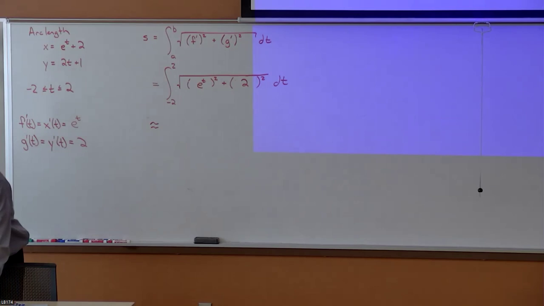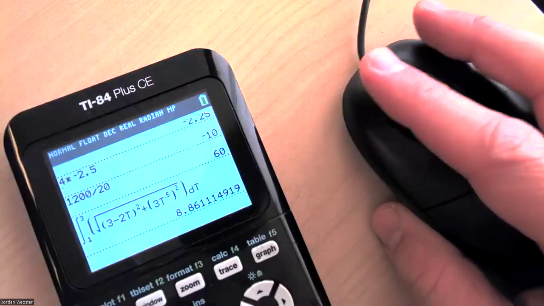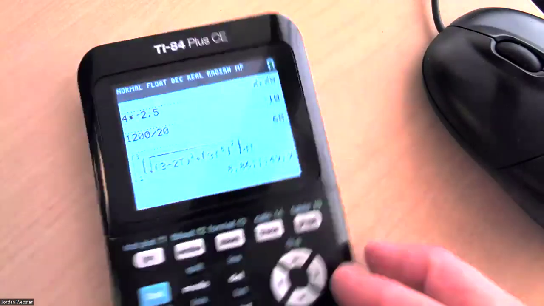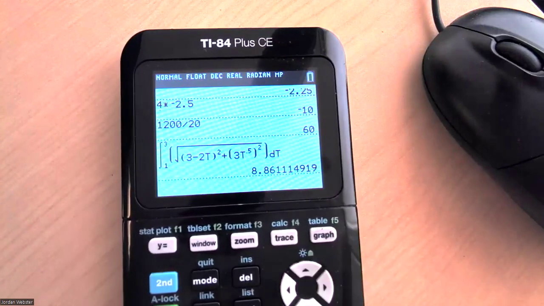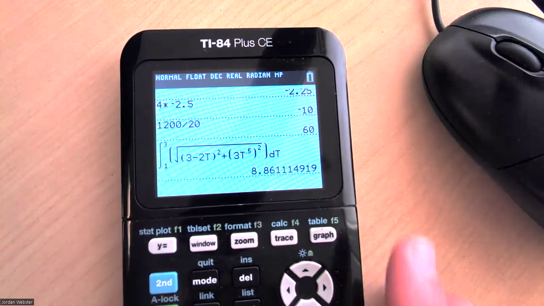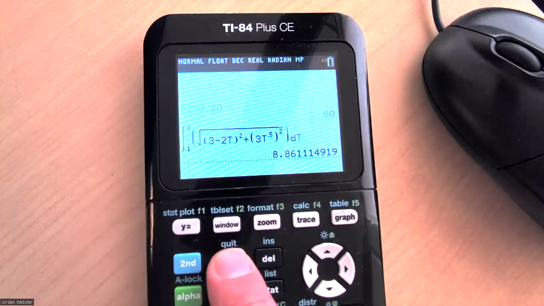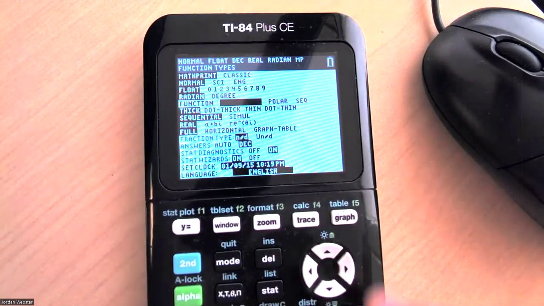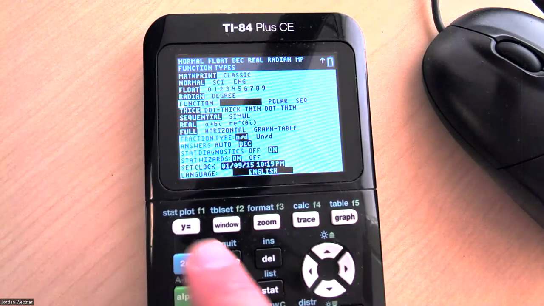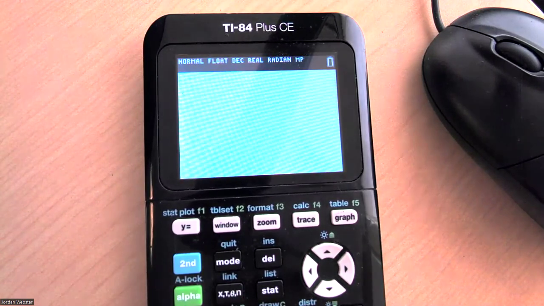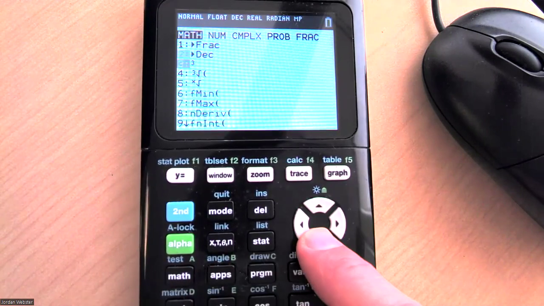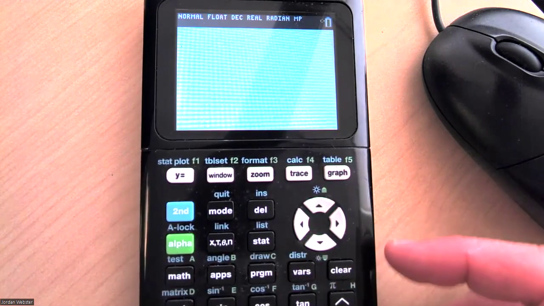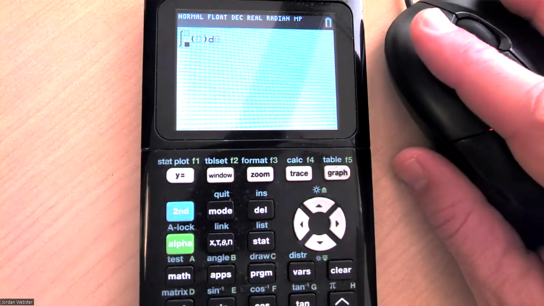Actually, let me show you in my calculator what I'm doing. Okay. So that was my previous one. But if you go into the mode and put yourself on parametric, what you would do is you'd go into math, number 9, integrating that.